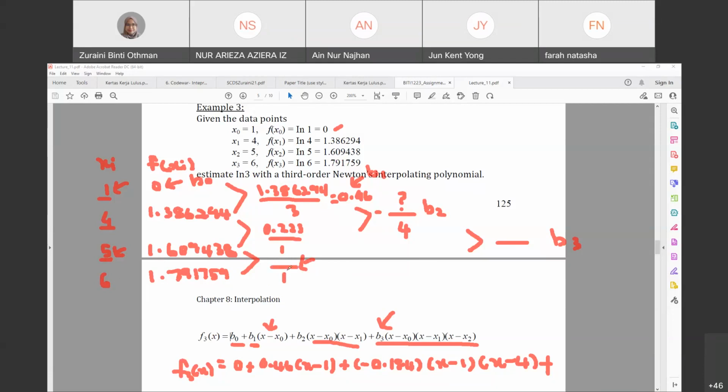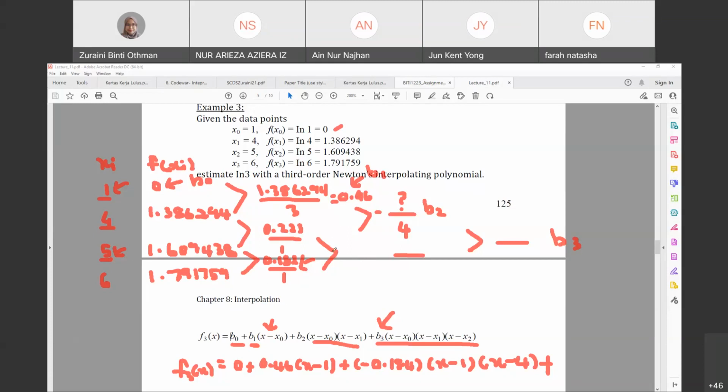Saya tolak yang bawah dulu. Yang atas tu akan dapat 1.791759 tolak 1.609438, berapa? 0.182. Okay, 0.182.